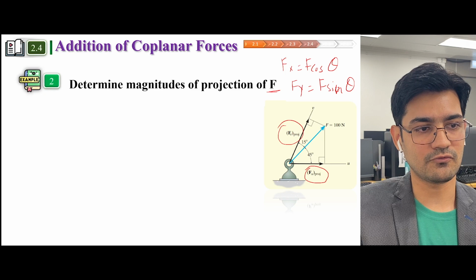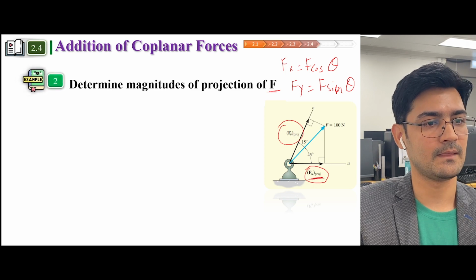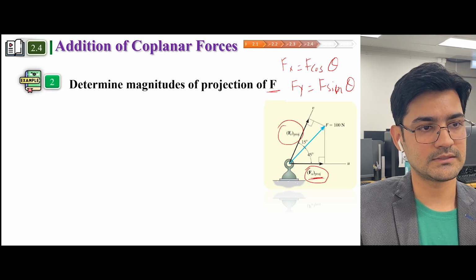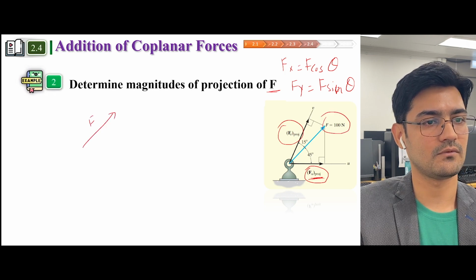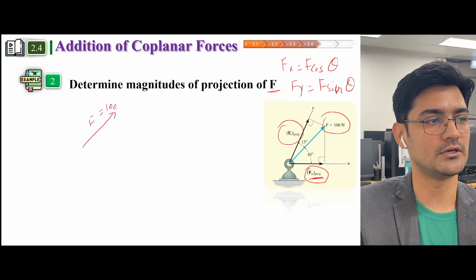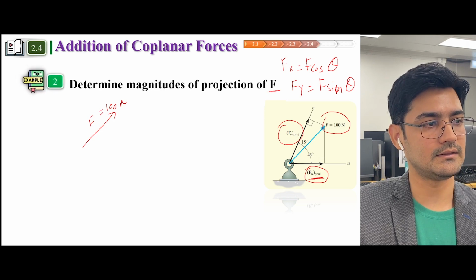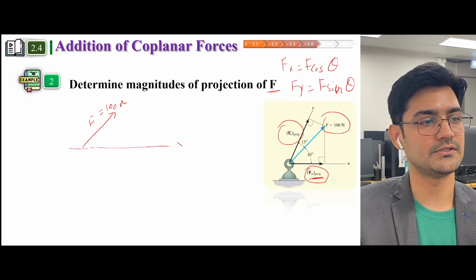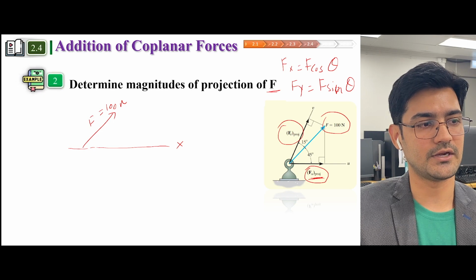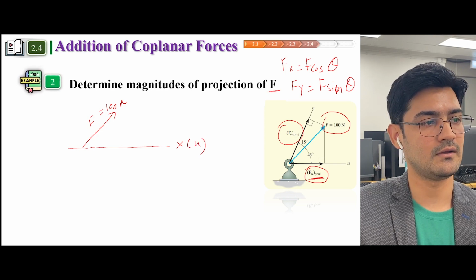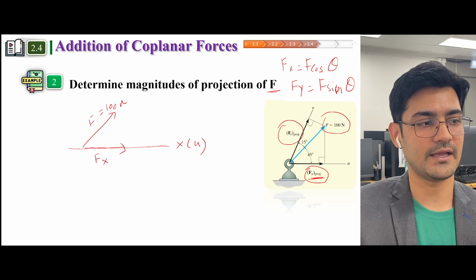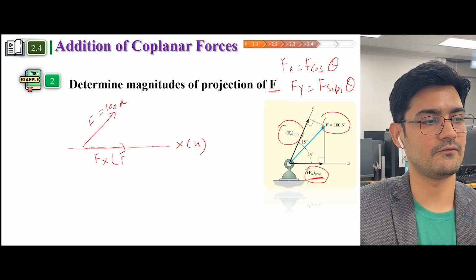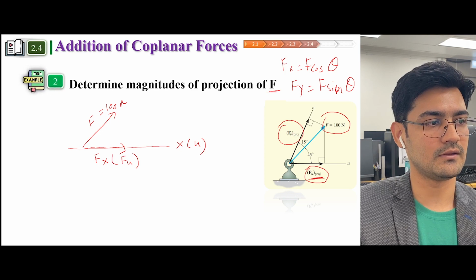Let's say this is a force F, which is equal to 100 Newton, and we have a horizontal component, written as u here, and this is F of x or F of u.